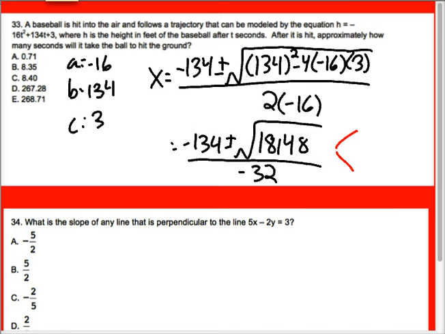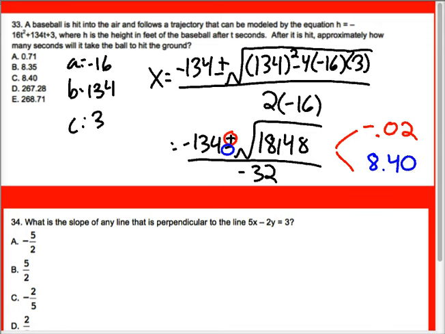So take 134 plus the square root of 18,148, then divide it by negative 32, and you get negative 0.02. That's using the plus half. Using the minus half, negative 134 minus the square root of 18,148 divided by negative 32, that's going to give you a positive 8.4.